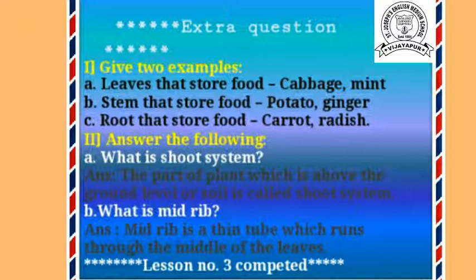Now the second question, answer the following. First one, what is shoot system? What is shoot? I don't ask root. Shoot means above. So I will read the answer. The part of a plant which is above the ground level or soil is called the shoot system, and root system is below the soil.